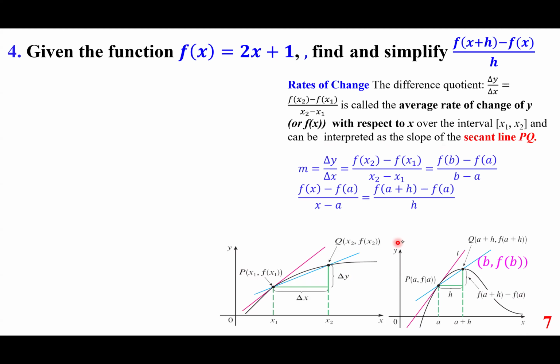There are different ways of writing that. m equals delta y over delta x, rise over run. If you look at these two points with the coordinates, f of x2 minus f of x1 over x2 minus x1.